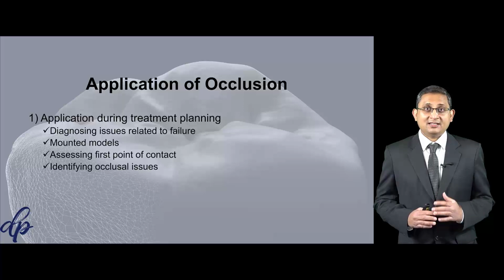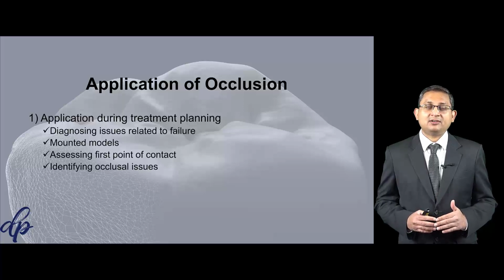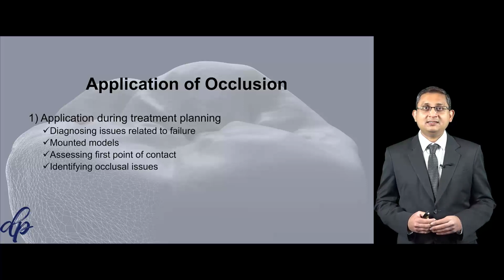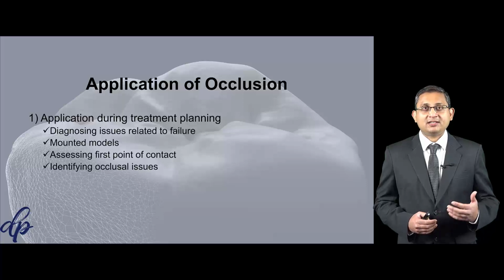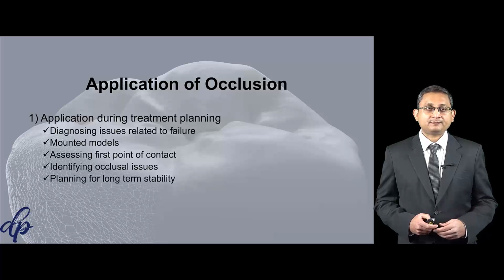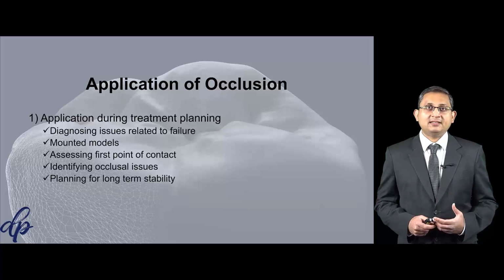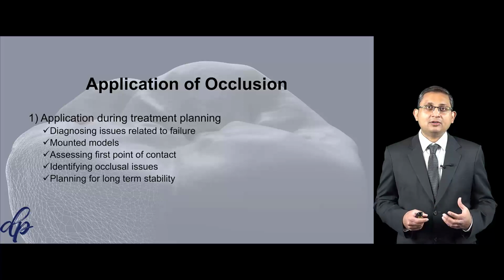In my opinion, it is perfectly okay to have non-working side contact if the patient has that in their natural dentition. It's not a disease, but I would not incorporate that non-working side contact into my restoration. Understanding occlusion helps you plan for long-term stability by treatment planning occlusion into your bigger cases.